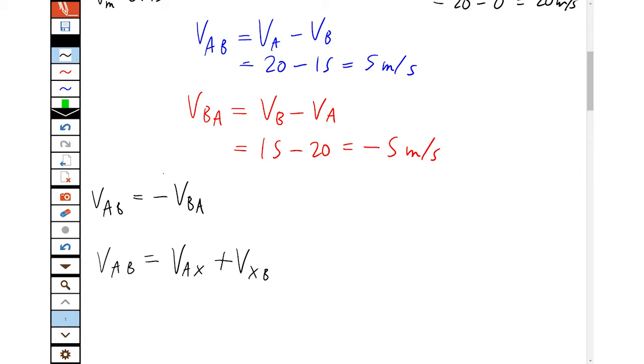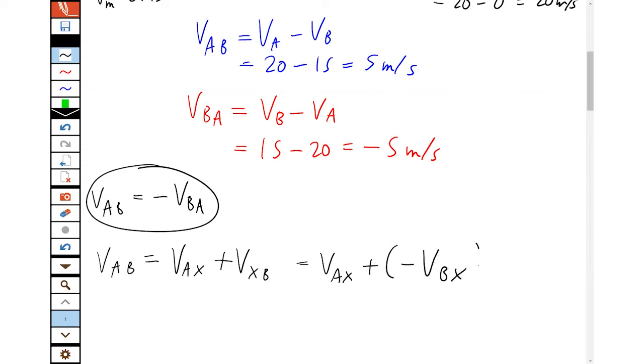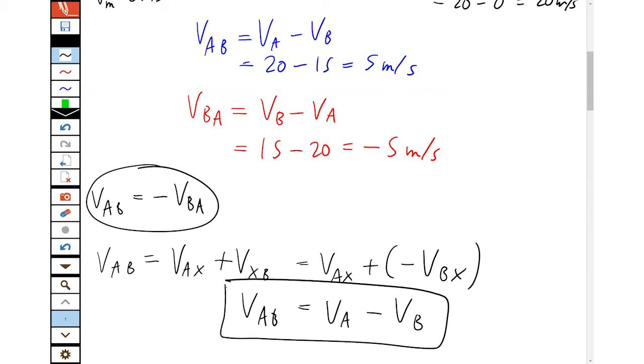So because the velocity of AB is equal to minus the velocity of BA, we have the velocity of AX plus minus the velocity of BX. So it's just the velocity of A relative to some point minus the velocity of B relative to some point. And that's the version I use. I find it just easier to follow and to plug things in.